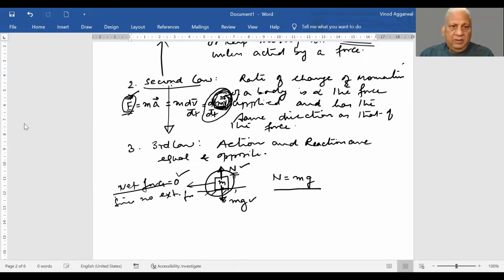But we know that a body exerts a force equal to mg, but there is no net force. So what happens is there is a reaction created which neutralizes this force. And hence we can say that for every action, there is an opposite reacting force and they are equal and opposite.